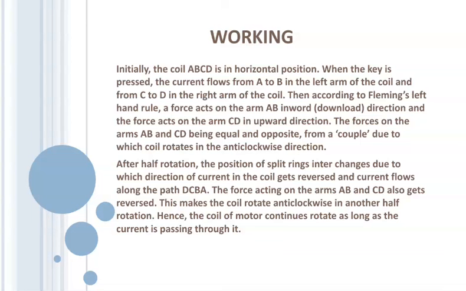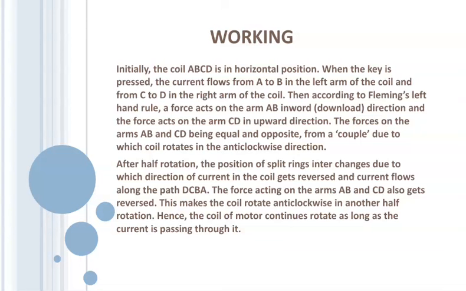So after half rotation of the coil, the commutator half ring Y makes contact with the brush P, whereas the commutator half ring X makes contact with the brush Q. This reverses the direction of the current in the coil.